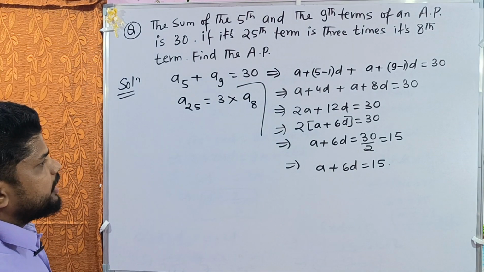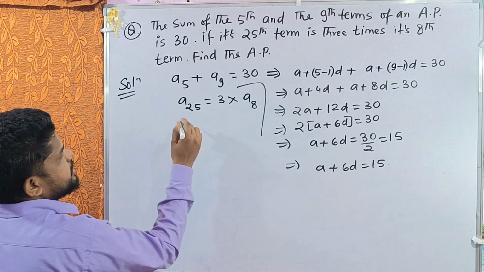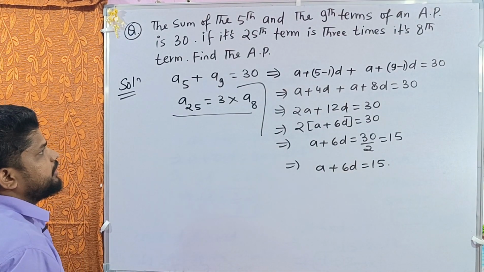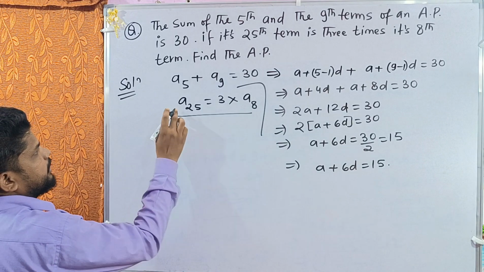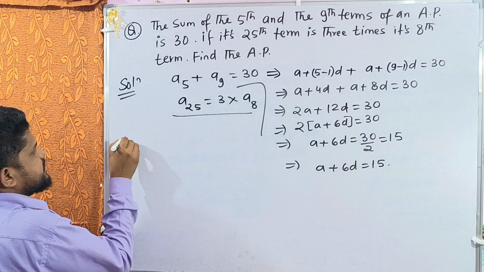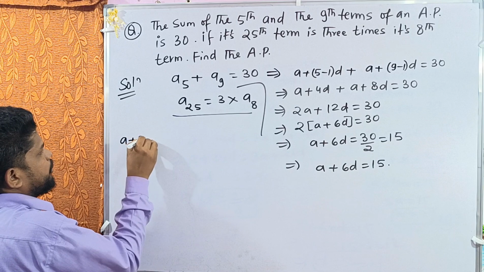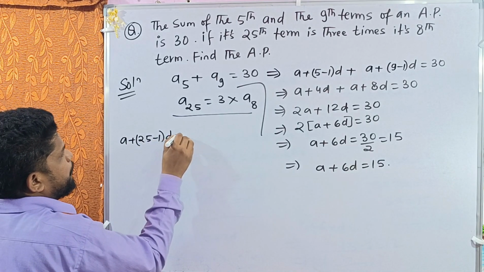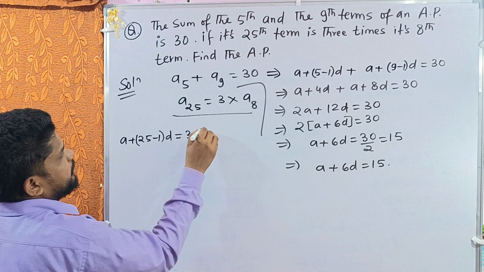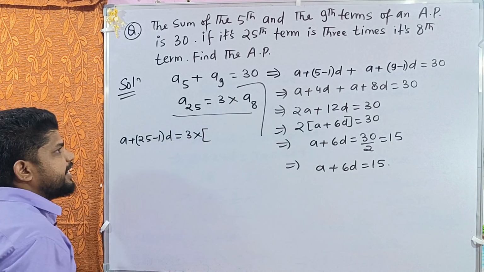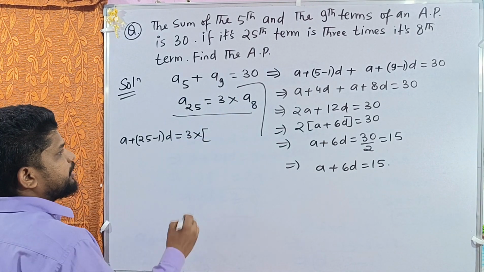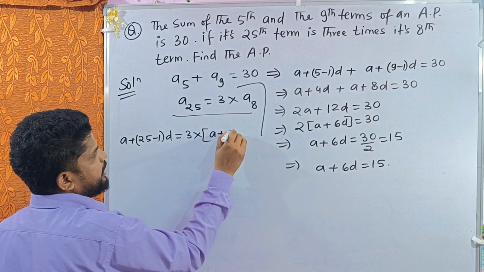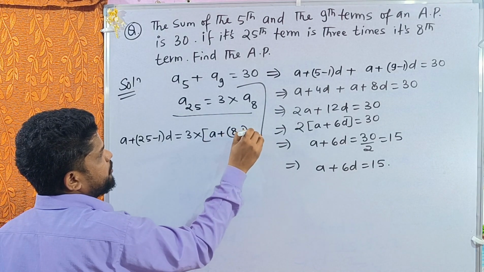On the other hand, if I see the other condition, I will get the 25th term can be written as a plus (25 minus 1) into d, is equal to 3 times the 8th term, which can be written as a plus (8 minus 1) into d.